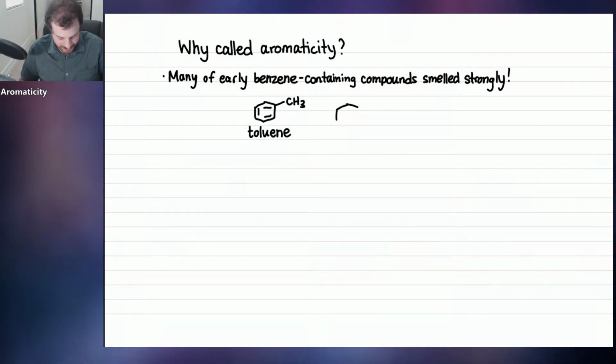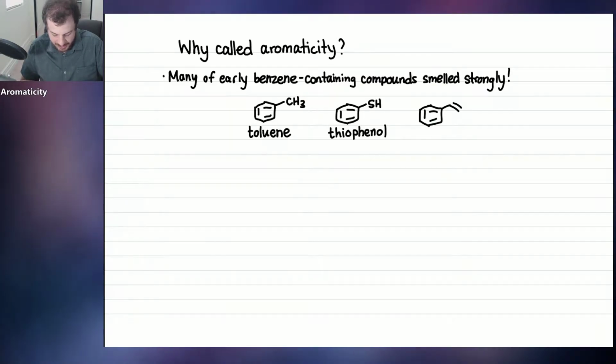Then there's thiophenol. This is a sulfur-containing compound. This compound smells god-awful. It smells kind of like a skunk, a very strong, horrible, nasty smell. Something a little bit more pleasant is cinnamaldehyde.